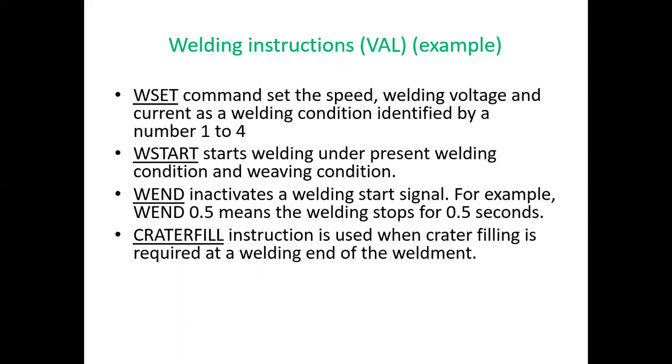WEND inactivates the welding start signal. For example, WELD 0.5 means the welding spot for 0.5 seconds. So the crater fill instruction is used when crater filling is required at the welding end of the weldment.